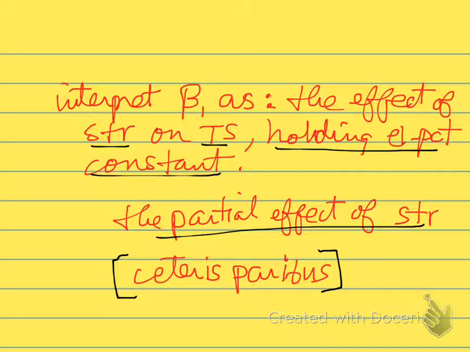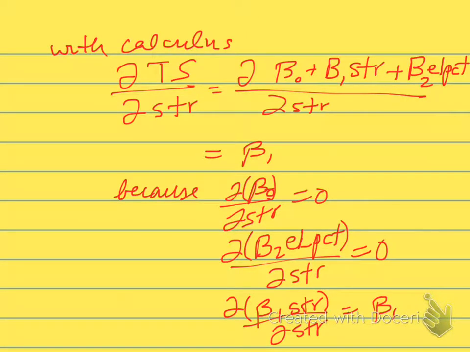So this is just another application of that idea in economics of thinking about the partial effect of something, holding other variables constant conceptually. They may not be constant in real life, but conceptually we can think of holding them constant.